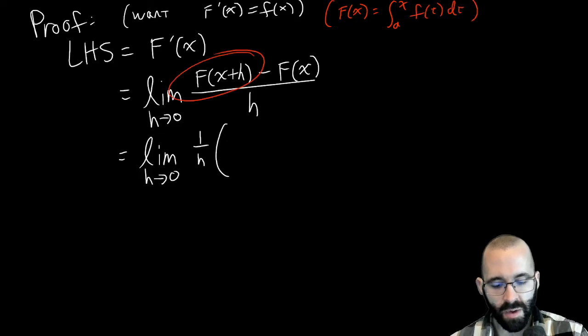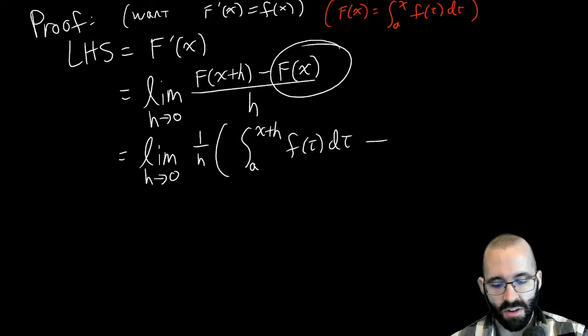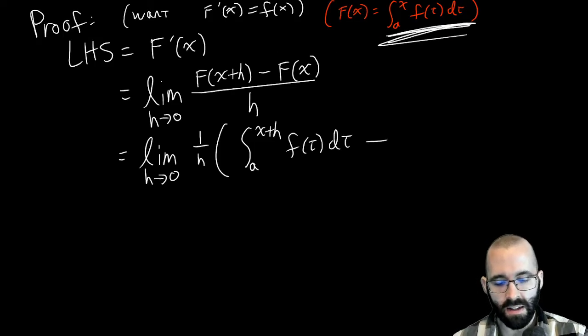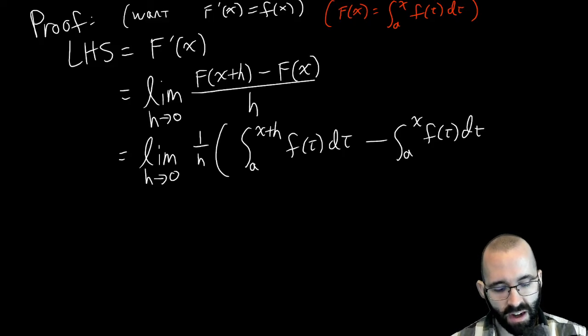So first we're evaluating that not at x, but at x plus h. So we replace all the x's with x plus h's of f of t dt. And then we're subtracting the function evaluated at x, which is literally the integral from a to x of f of t dt, and we want to simplify.